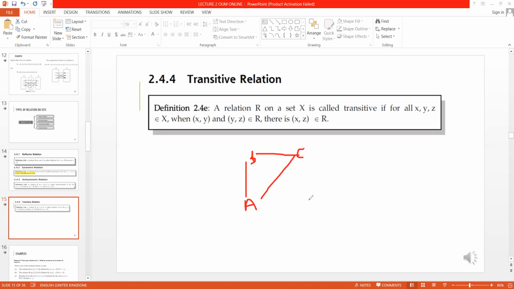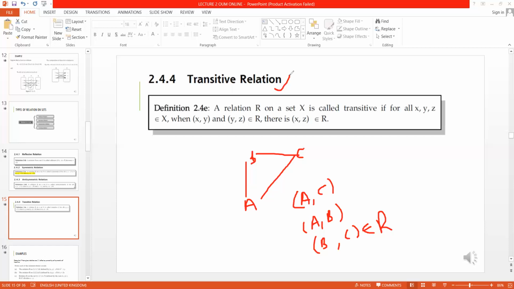So there should be A to C. We should also have A to B, and then we should also have B and C, all in R. They should all be in R to have a transitive relation. If one of them is not in R, the relation is not transitive.